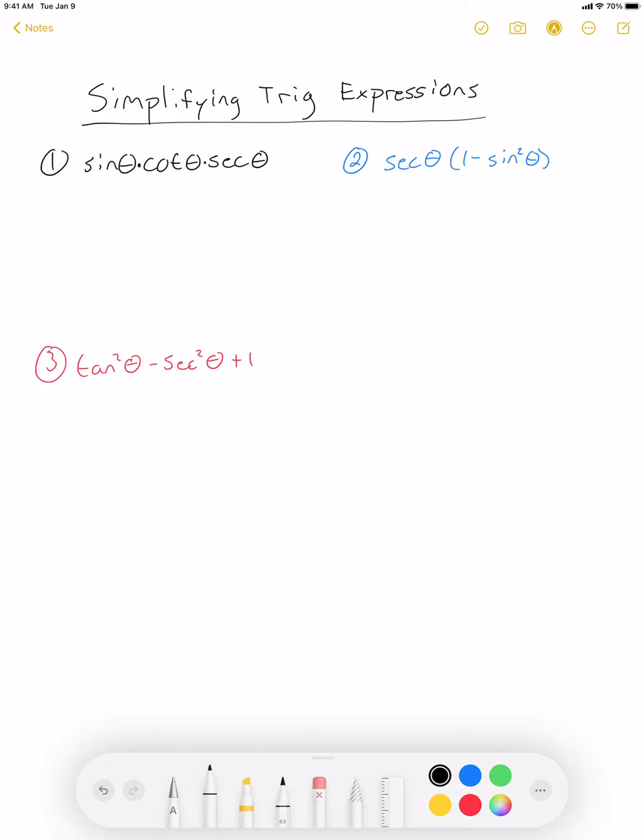When we're multiplying, when in doubt, go ahead and break everything down in terms of sine and cosine. Sine is already in terms of sine and cosine, so I'm just going to leave it as sine. But times cotangent.